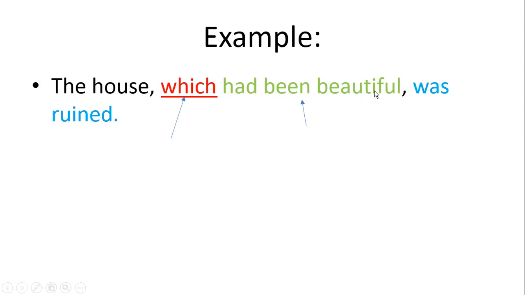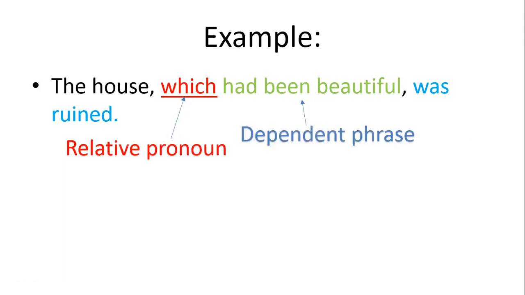The house which had been beautiful, here I use the relative pronoun, or you can say the interrogative pronoun, which, to link the house to ruined. The house which had been beautiful, what happened to it? Was ruined. So which here is a relative pronoun, and "which had been beautiful" is the dependent clause.